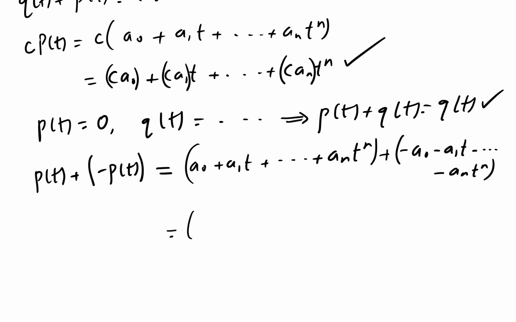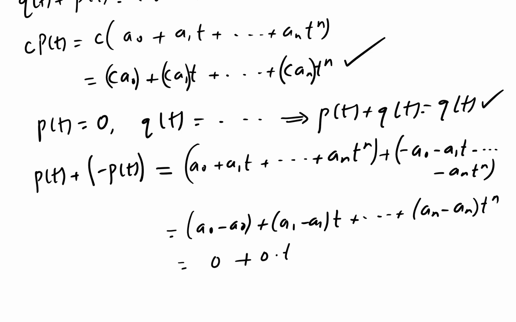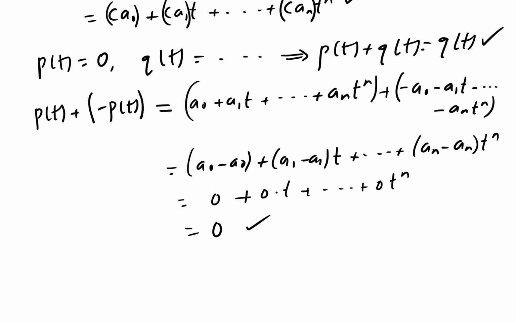So that would be A0 minus A0, plus A1 minus A1T, plus ... AN minus ANTN. So that would be 0 plus 0T plus all the way to 0TN. And that would give us 0. So it works.